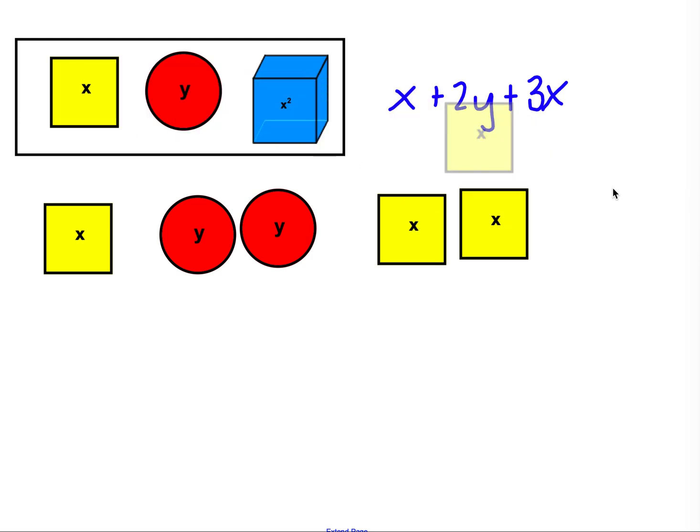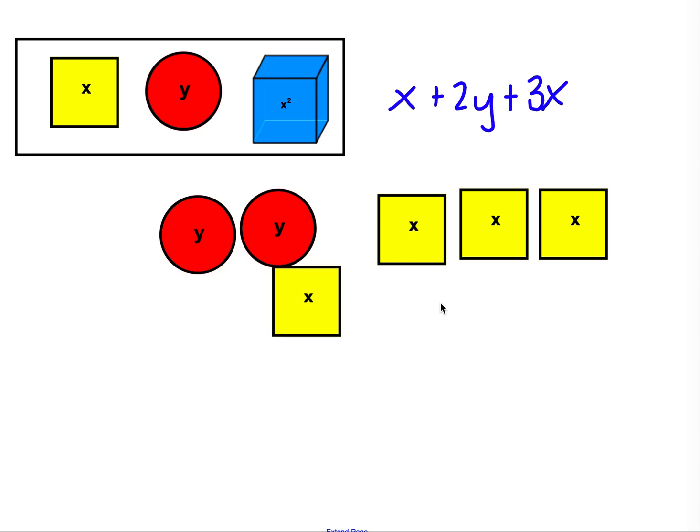So then I'm looking for like terms. What are things that are the same? Well, my x's are the same. They're the same shape. They're yellow squares, and the letter's the same, x. So if I put my 1x with my 3 x's, that's combining like terms. It's taking the things that are the same shape and putting them together.